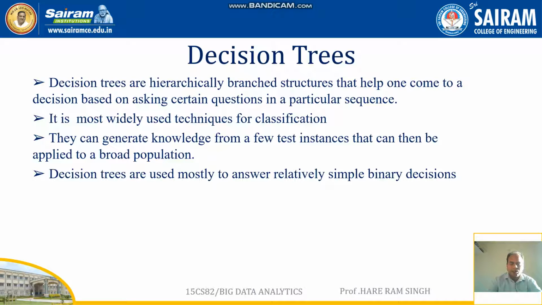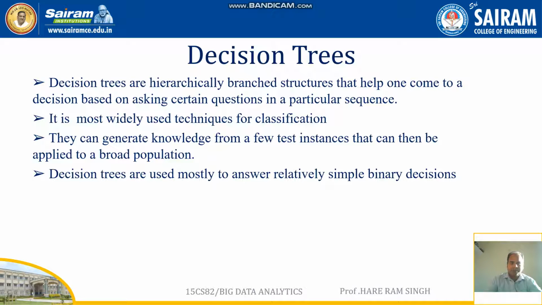They can generate knowledge from test instances that can then be applied to a broad population. This decision tree concept will be used on a small test set of data, and whatever knowledge we generate from that small set of data will be applied to a broad population.